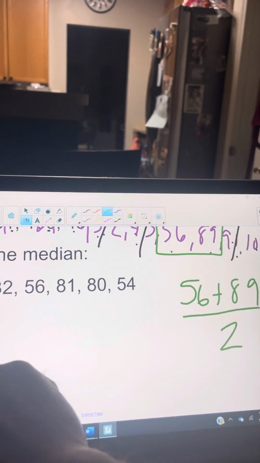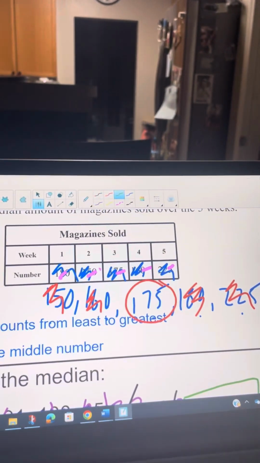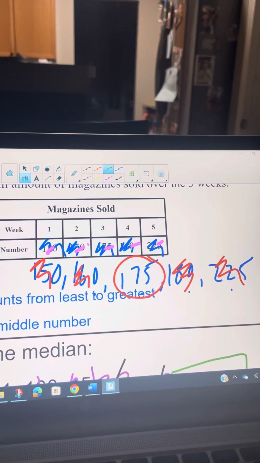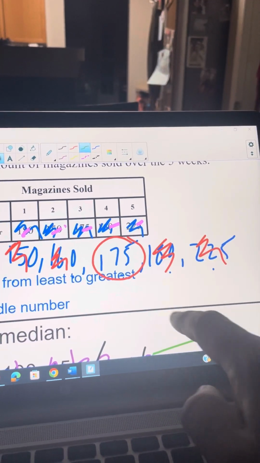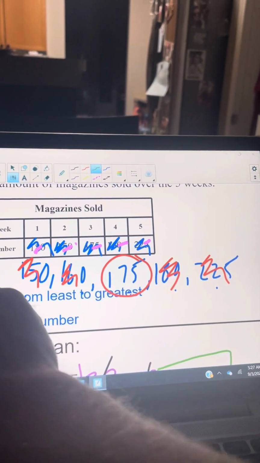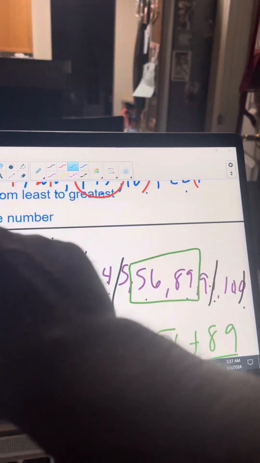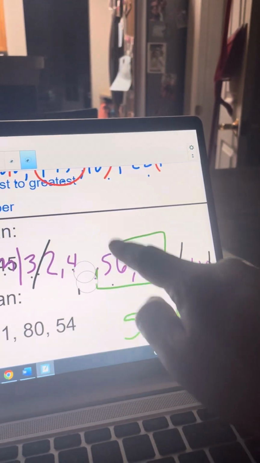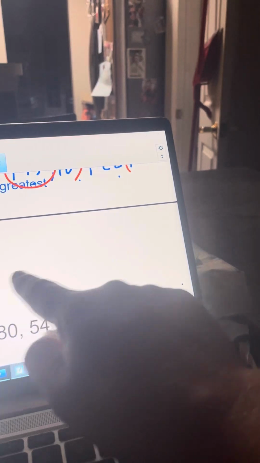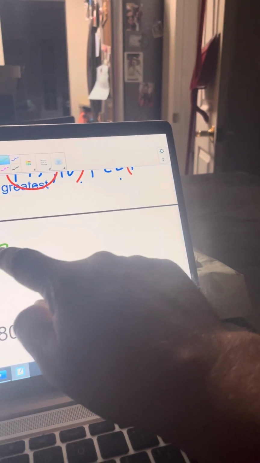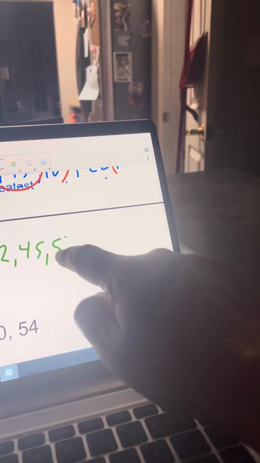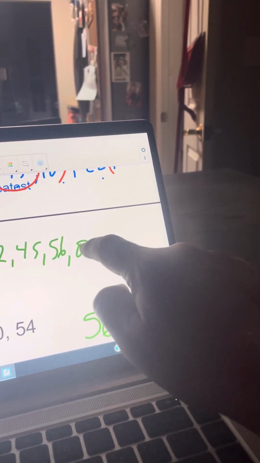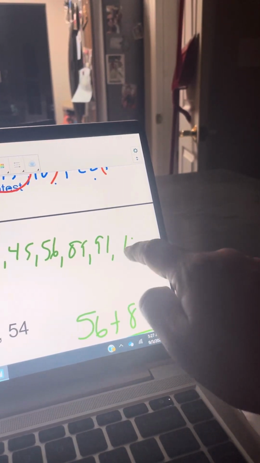So in our first example we didn't have to divide by 2 because we only had 1 number in the middle. We were able to cross out 2 on the left, 2 on the right, and it just left us with a middle number. In this example that we just looked at, I'll work it through again. I'll put these numbers in order least to greatest again. It went 32, 45, 56, 89, 91, 100.